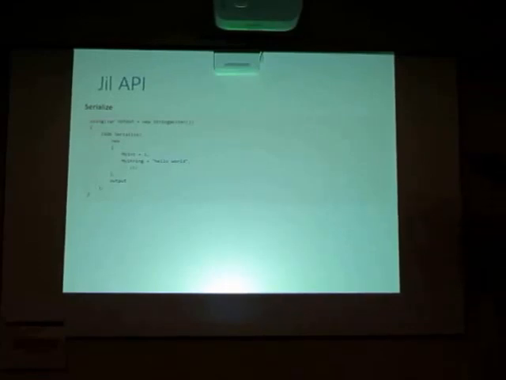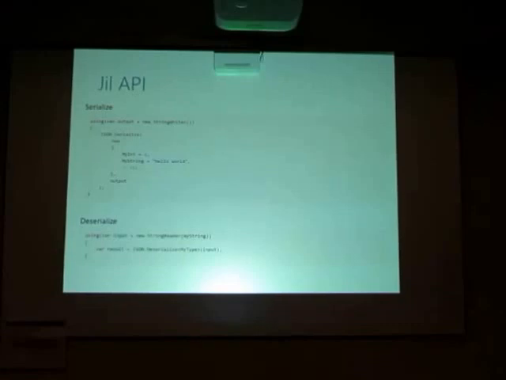And it's easy: just JSON serialize, and it outputs your data. Deserialize is the same, with a string reader and JSON deserialize, and it works. Simple API, because it's about simplicity and the most effective way to serialize JSON.